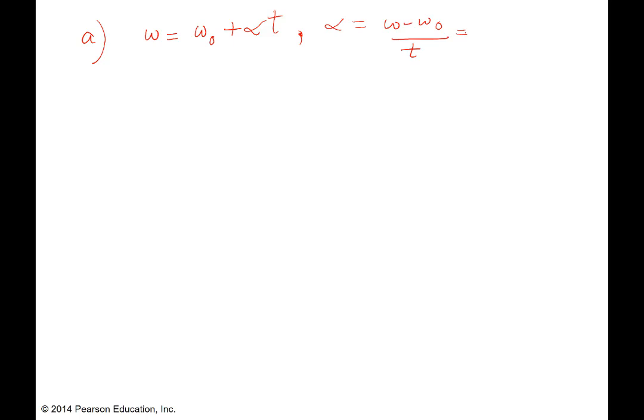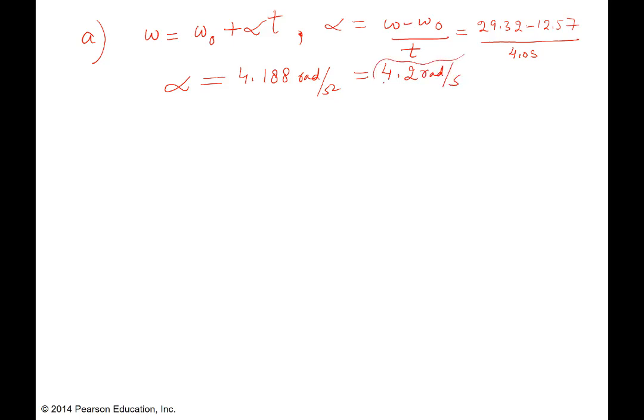Go ahead and substitute the values that you found: 29.32 minus 12.57 that we previously found, divided by time, which was given as 4.0 seconds. When we plug in these values in the calculator, your alpha comes out to be 4.188 radians per second squared, which can be written in 2 sig figs as 4.2 radians per second squared. All right, that was part A.